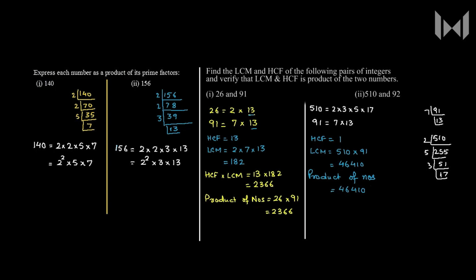Now, talking about the next question, check whether 6 to the power n can end with the digit 0 for any natural number n. Before we proceed with this question, we need to understand one thing. Say for example, any number like 70. 70 can be written as 7 into 10.